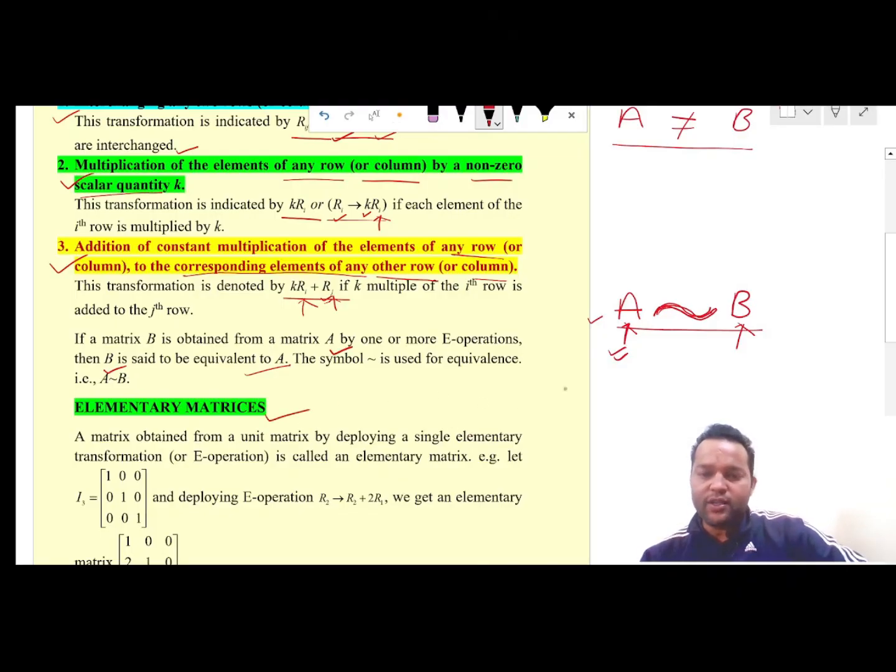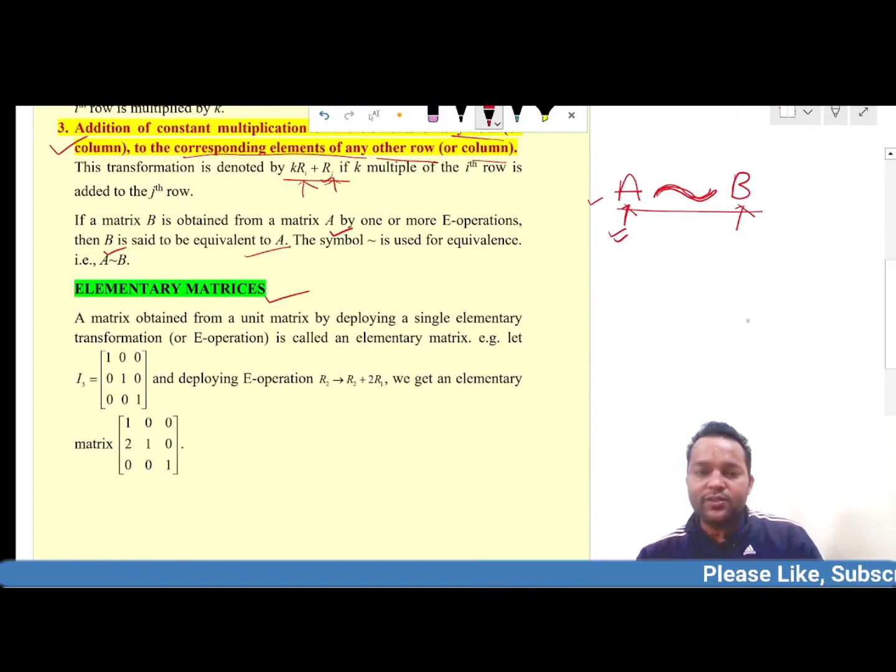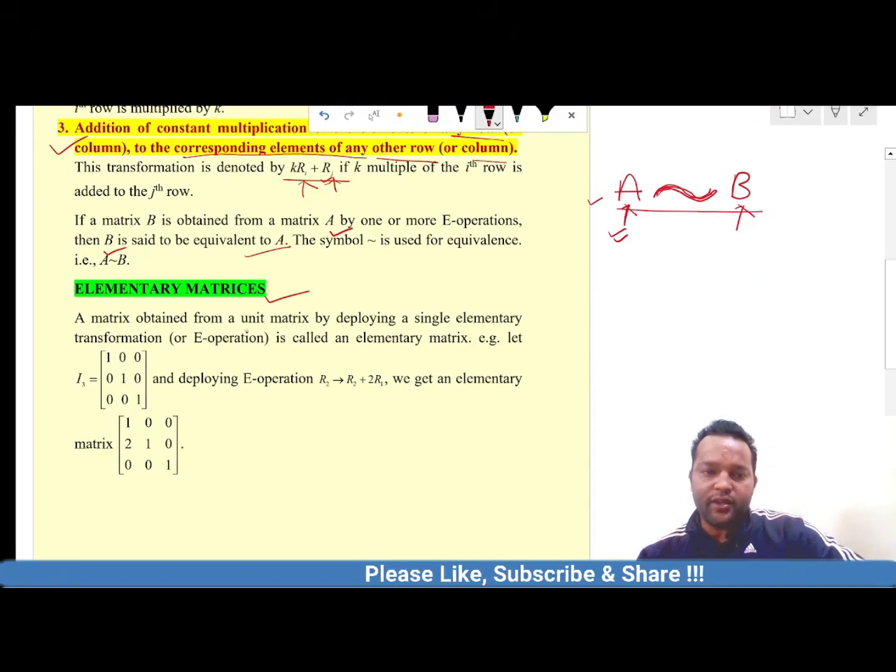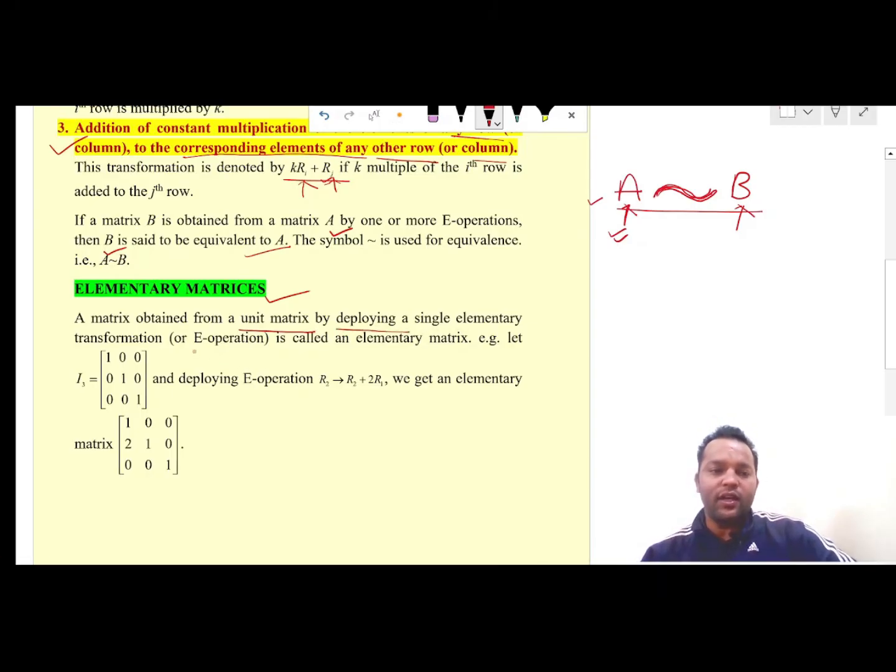Now, elementary matrices. An elementary matrix is a matrix that is obtained from the identity matrix or unit matrix by applying a single elementary operation. Suppose this is the identity matrix of order 3. If we apply an elementary operation R2 implies R2 plus 2R1, what does it mean?